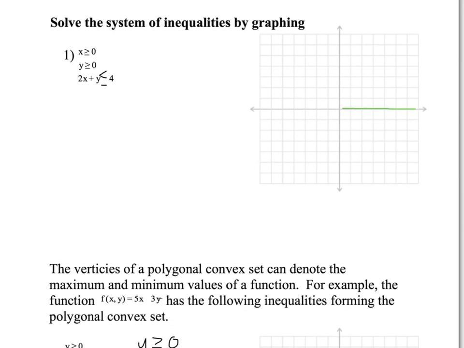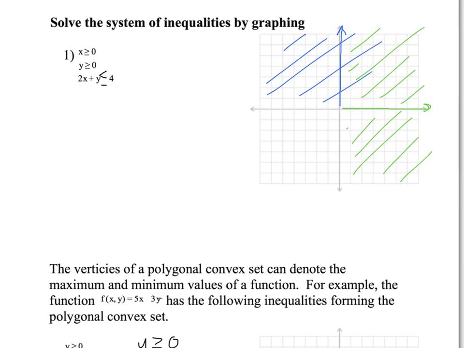So that's going to look like this line here and this whole region up here. Y greater than 0 is going to be this line here and look like all of these values are where y is greater than 0.